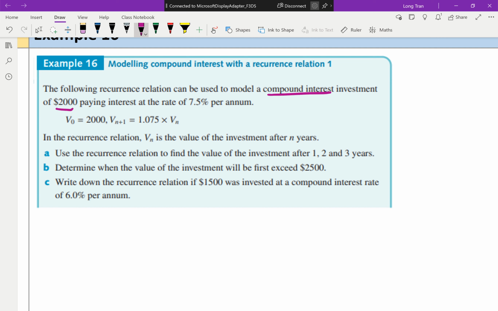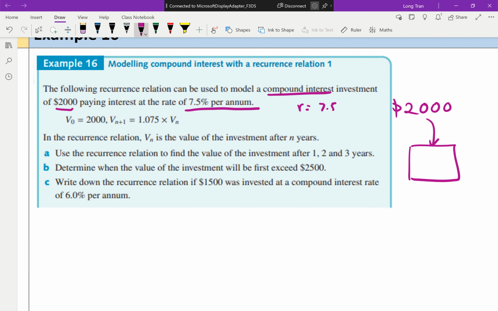So think of it as you have $2,000 and you want to put it into an investment, right? It says you are paying an interest at a rate of 7.5% per annum. Per annum means per year. 7.5% is your R, that's your little r. R equals 7.5. That's your interest rate.